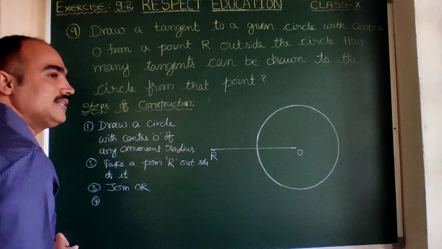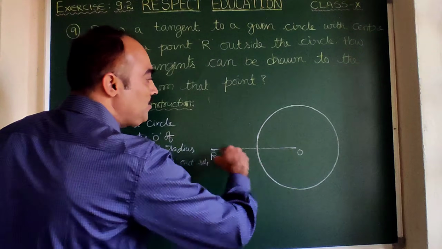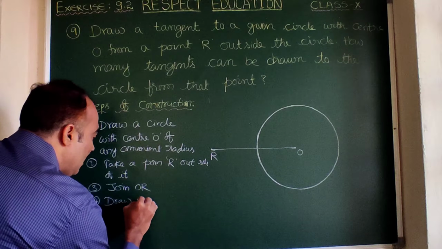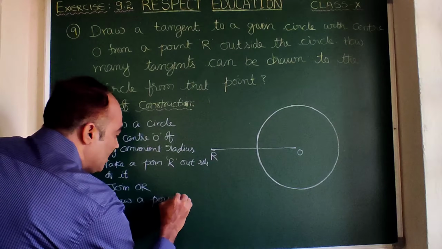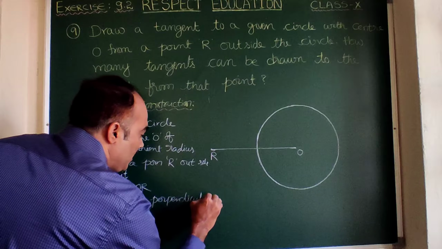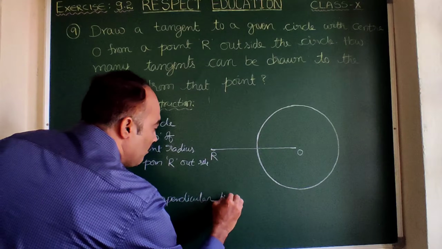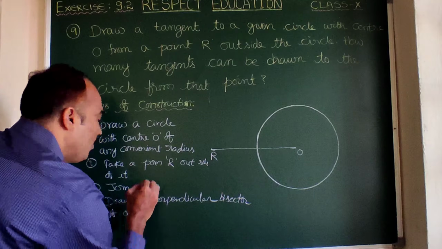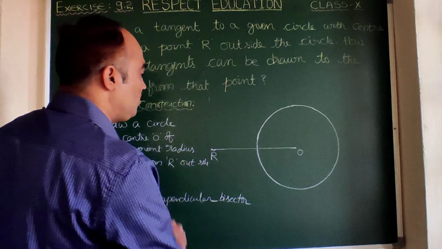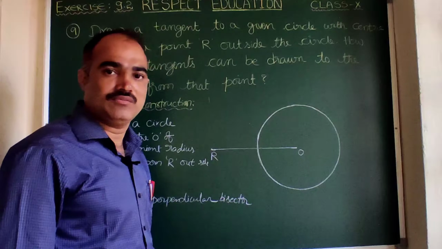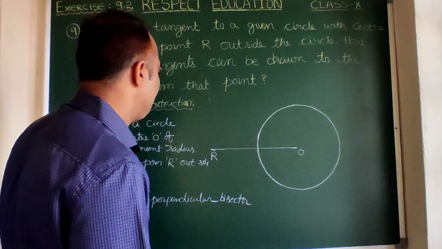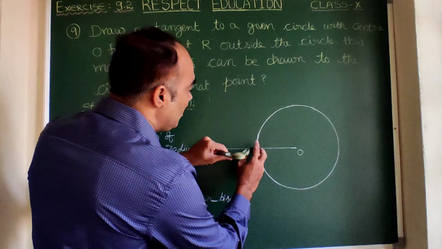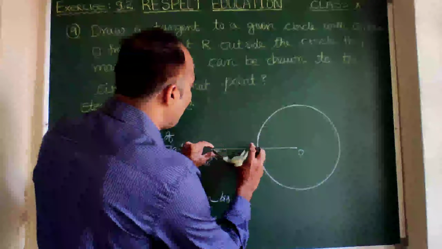Now the next step is to draw a perpendicular bisector of OR. The process is: take R as center and a radius more than half of OR.